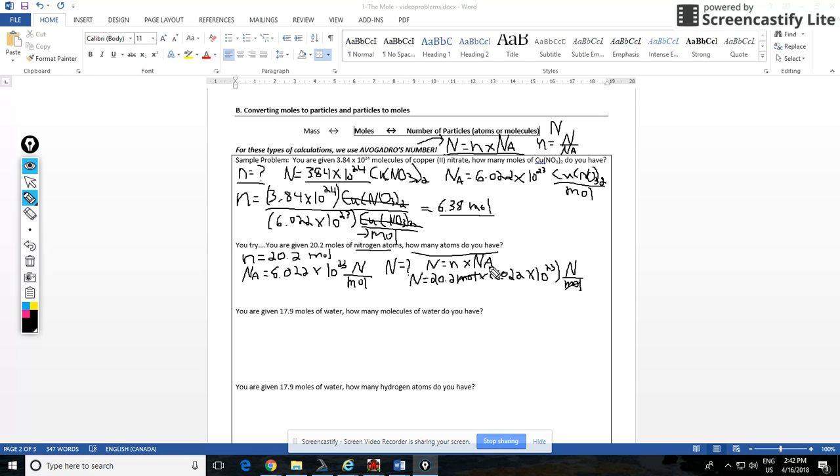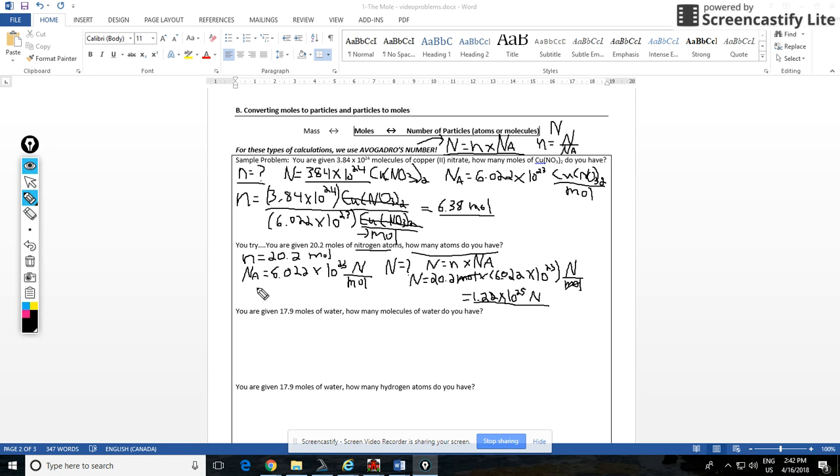So you can plug in your numbers, 20.2 times brackets 6.022 times 10 to the power of 23, close brackets, and you get 1.21, or rather 1.22 times 10 to the power of 25 particles of N in 20.2 moles.